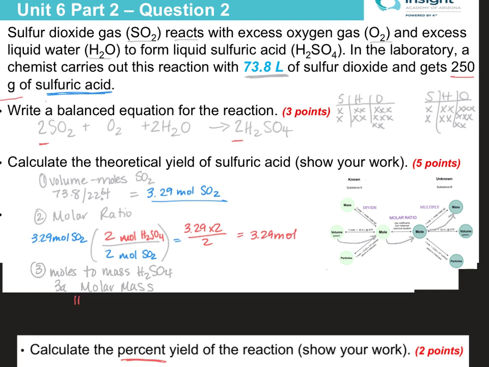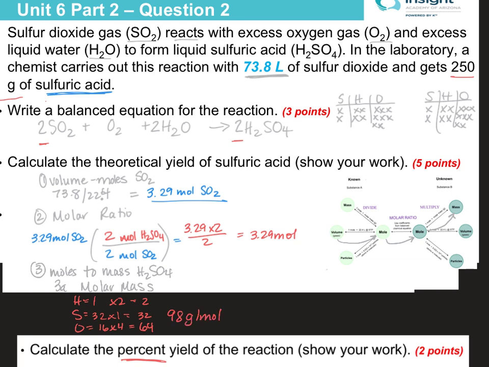So we know H is 1, there's 2 of those. S is 32 and there's only 1. And O is 16 and there are 4, which makes 64. So 64 and 32 is 96. So it's 98 grams per mole.